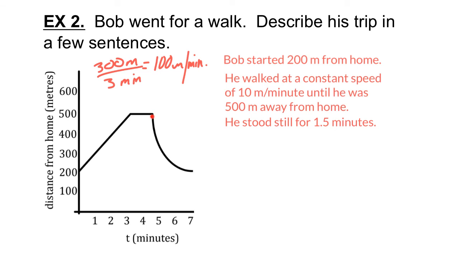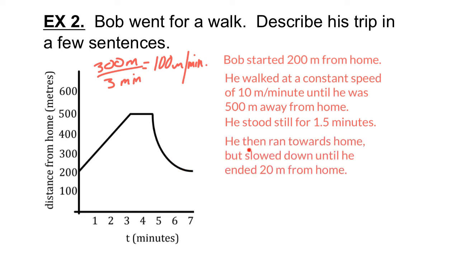The next part of his journey, well, he's starting out with a really steep line, but then it gets less and less steep as he travels. So what does that mean? Well, he's going fast at the beginning, and then he slows down. So we can say he ran towards home, but slowed down until he ended 20 meters from home.